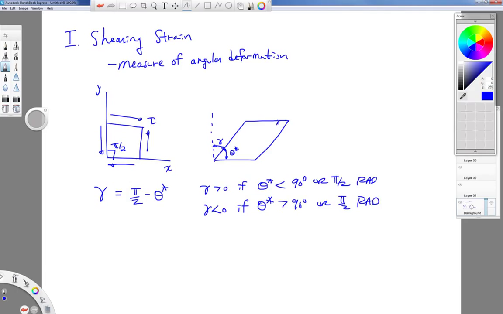So at these two corners, we would get the same value, and that would be a positive shearing strain. On these opposing angles, those angles open up, and we would have a negative shearing strain at those corners.